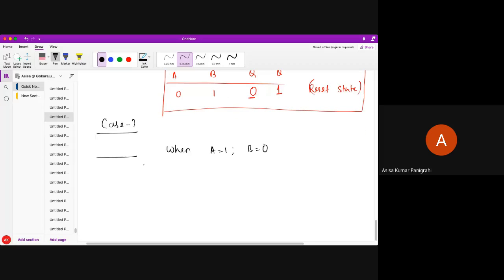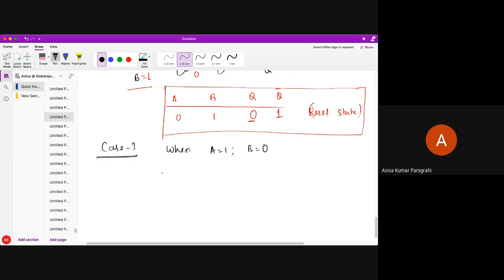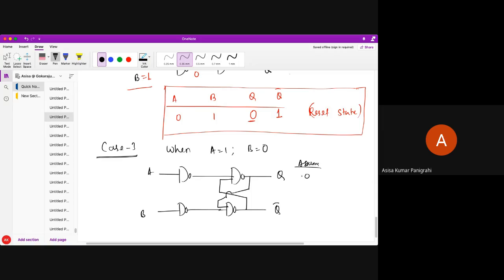See here, again I am drawing the same circuit. This is my Q bar, A, B. Initially I am assuming here 0 and 1. Now A equal to 1, B equal to 0. If A equal to 1, this will be 0. If B equal to 0, this will be 1.